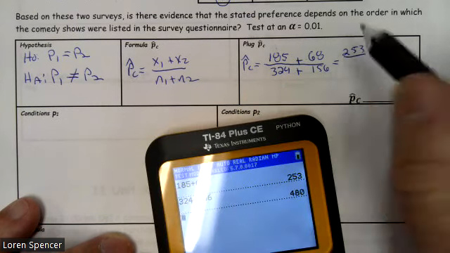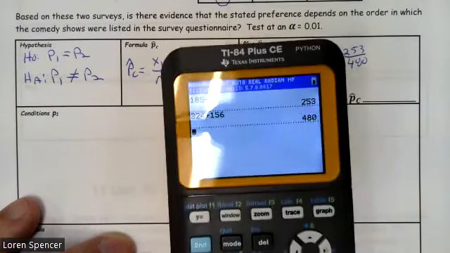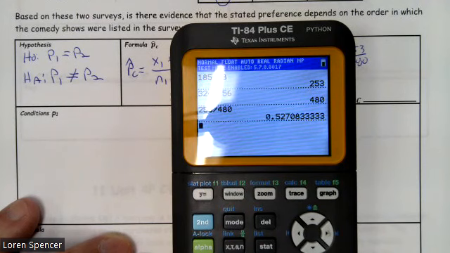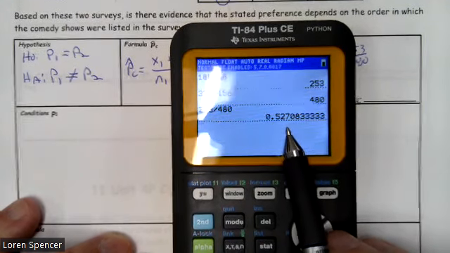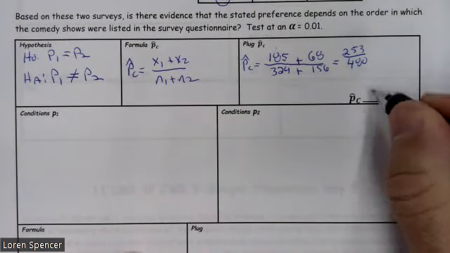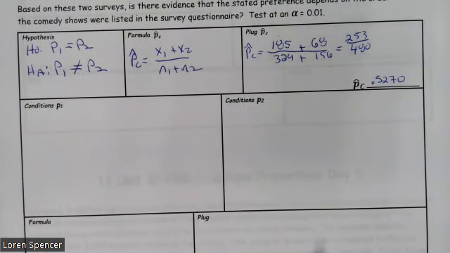My denominator is 480. So in this case, we have 253 divided by 480. And we end up with about 52.7%, 0.5270. Next, we need to address our conditions.